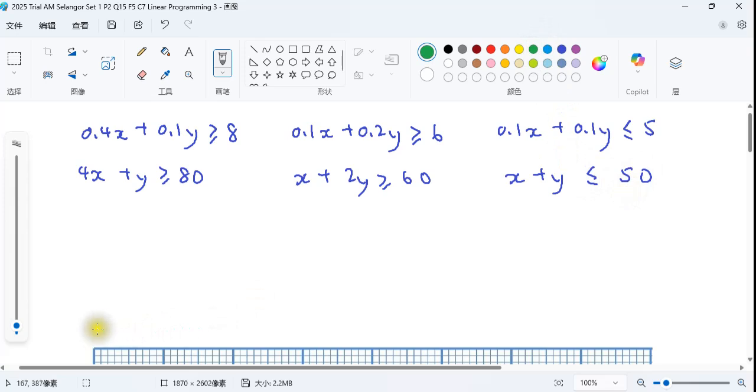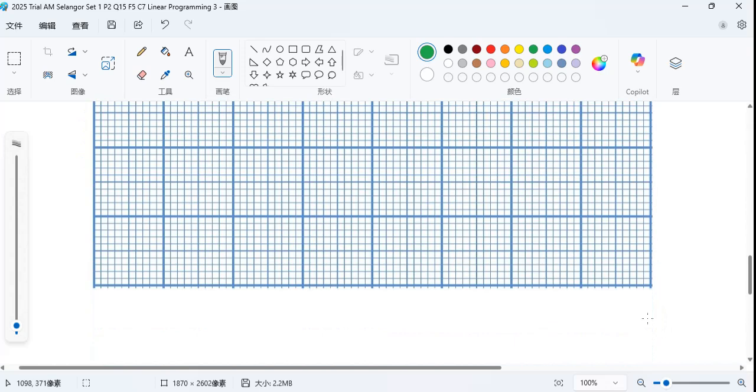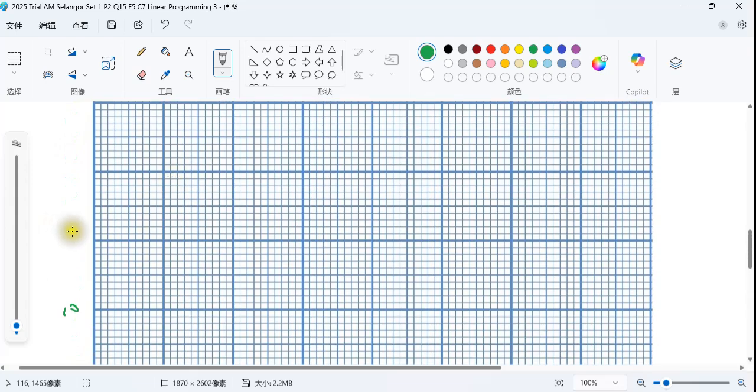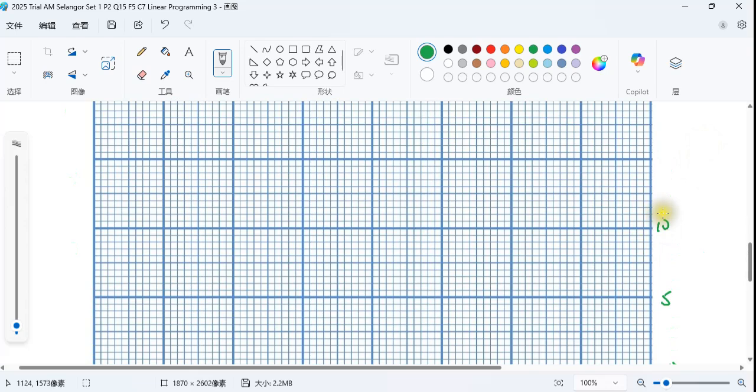Then we have the axes: 0, 10, 20, 30, 40, 50, 60, 70, 80. And then we have 0, 5, 10, and so on.